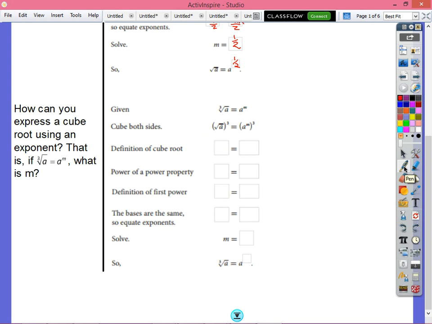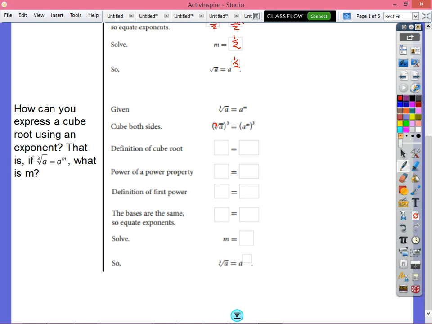I can see that there is a typo here. This should say the cube root as well right here. Okay. What's the cube root of a cubed? What's the cube root of a cubed?